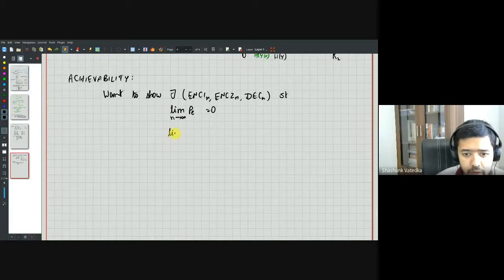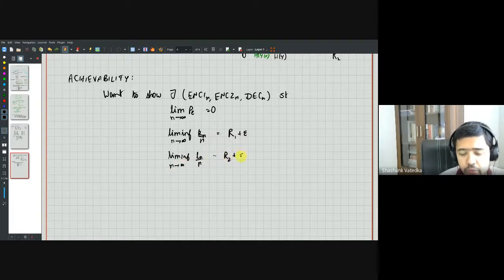and the liminf of kn by n is equal to, let's say, R1 plus epsilon, and the liminf of ln by n, as n goes to infinity, is equal to R2 plus epsilon.